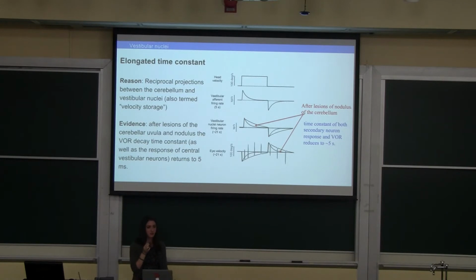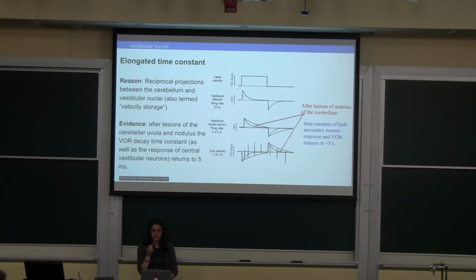So the next point through the pathway is that when you have this head velocity that's applied, the firing rate through the different systems, through the afferent and then in the vestibular nuclei in the central nervous system, the time constant becomes elongated. So the response to the applied head velocity is slowed down.